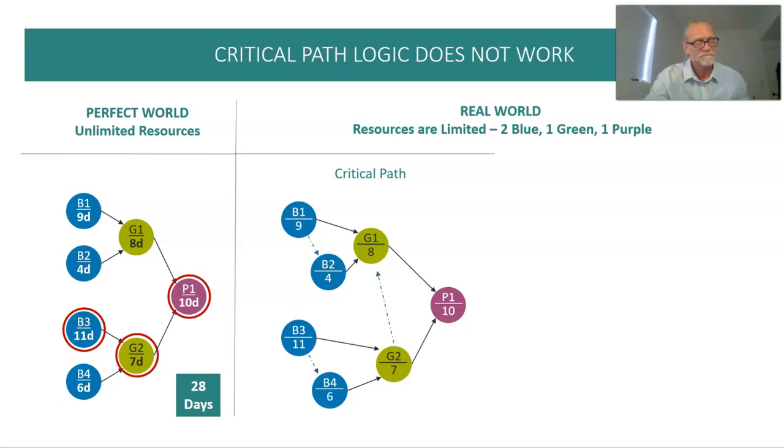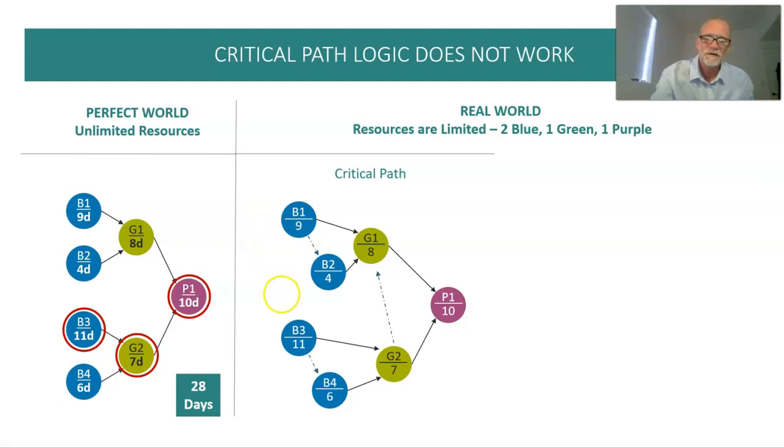So let me just try to simulate that here by saying I have only 2 blue resources, only 1 green resource, and 1 purple. So now I can deploy my resource capacity, 2 blue resources. I'll start 1 on this stream down here. We'll start at B3, since it's the longest path of activities using our critical path knowledge. And then I'll put my other resource up here on B1 because it's the next longest chain.